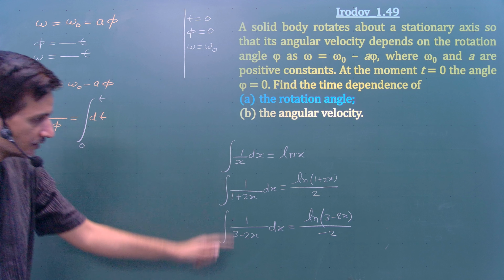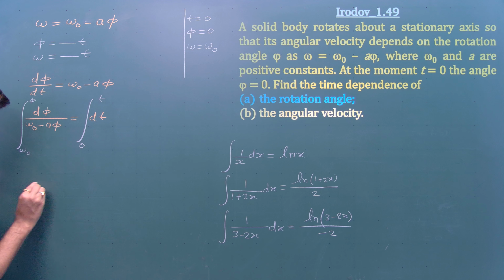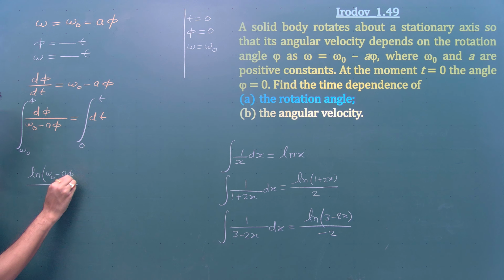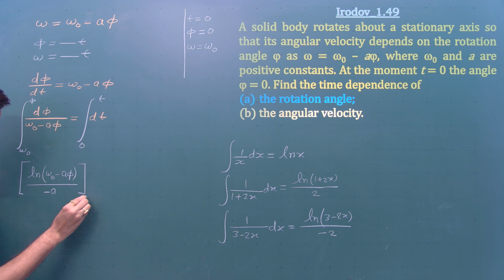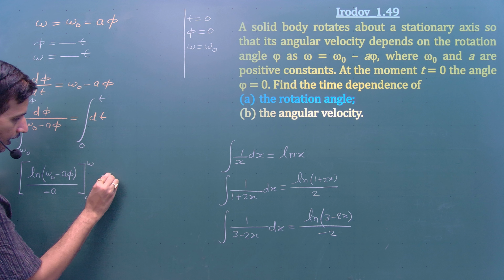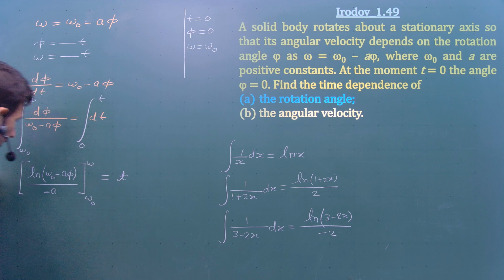Now, on the basis of these results, I can write the integration of this part. So the integration of this part is ln of omega naught minus a phi divided by minus a, and the integration of the other part is very simple, it is t.